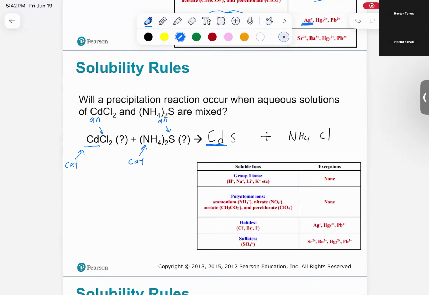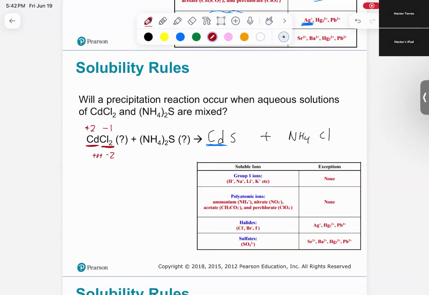So if I'm not sure, one way we can look at it to figure it out is we can go to the reactant side. So on the reactant side, I have Cd bound to Cl. And I know this is a neutral compound because there is no charge on it. So using the negative charge on here, I have -1 on each of those Cl's. So in total, it's a -2 charge. So Cd, to be able to balance that, has to have a +2 charge.